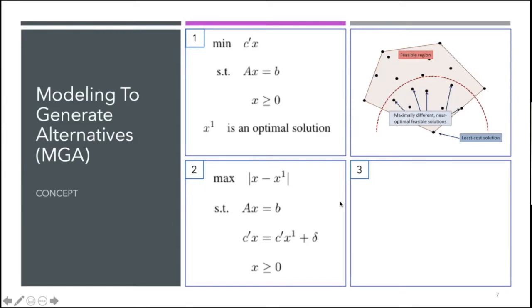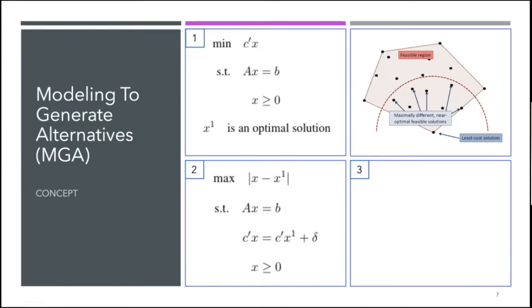So this formulation is saying that we want to find a maximally different solution so that our cost is, say, delta percent more than the least cost solution, right? The solution to this problem will give us the first MGA solution, the one that is maximally different from the least cost solution.